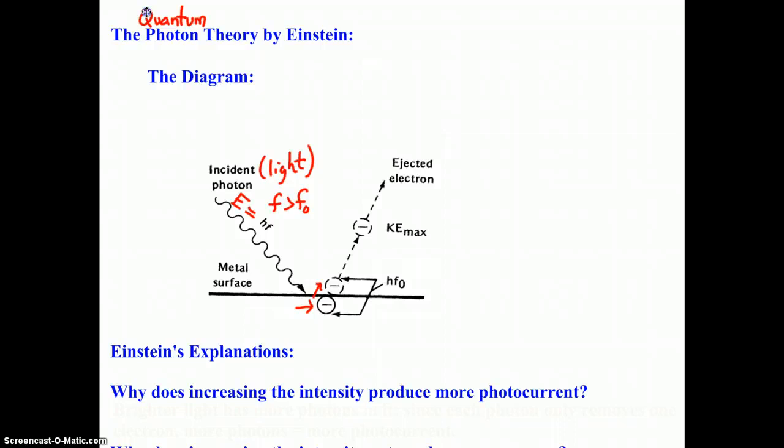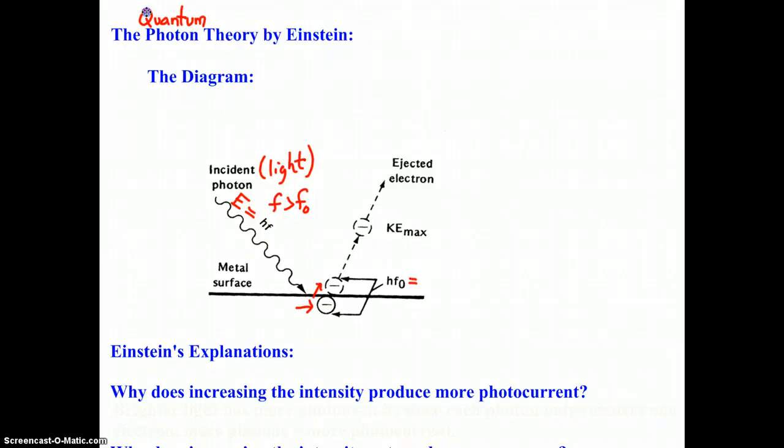That would require energy. So it's going to use up some of the incident energy to do this. How do we calculate the energy? Well, any kind of energy in the photoelectric effect is calculated by h times f. But this is the special kind of energy that requires the minimum frequency to which the electron is just ejected.